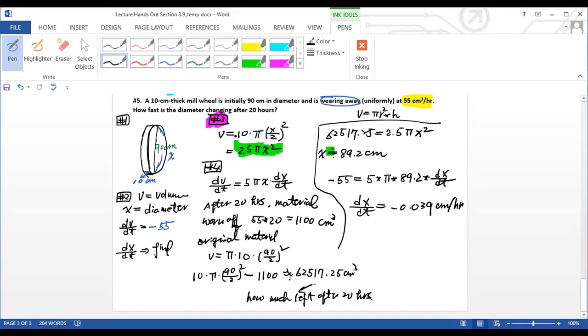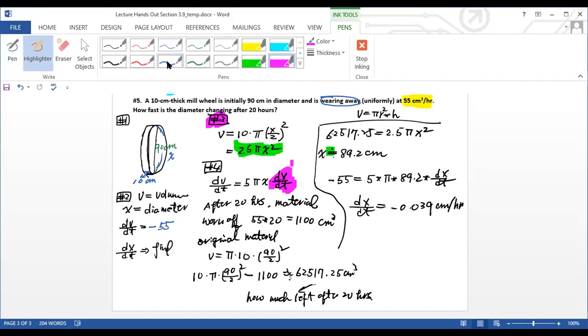Okay, so this one is a little complicated. Even though the formula in number 3 is kind of easy, you need to know that what they're looking for is dx/dt.